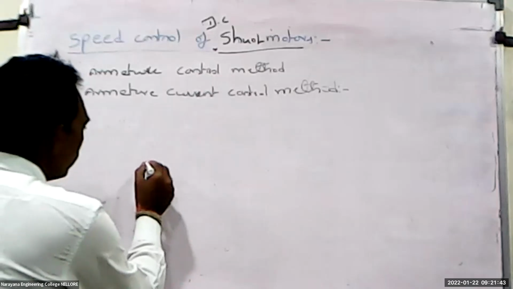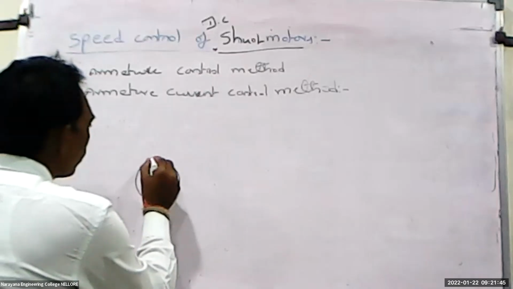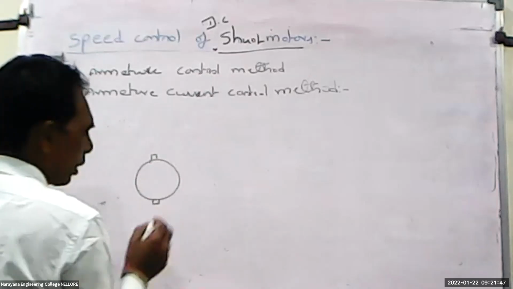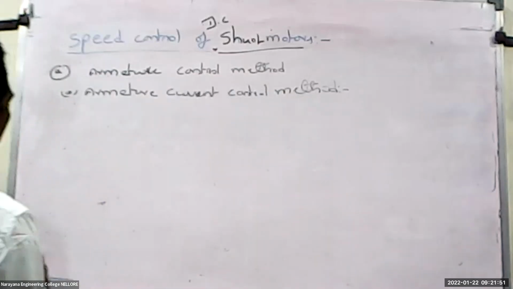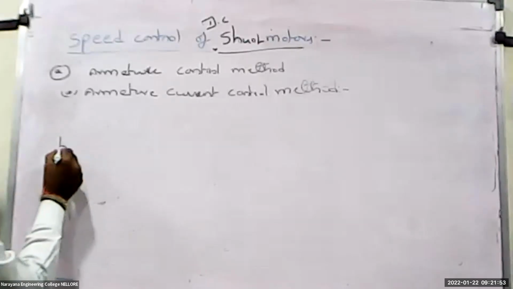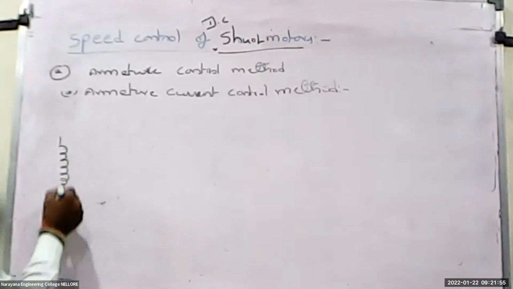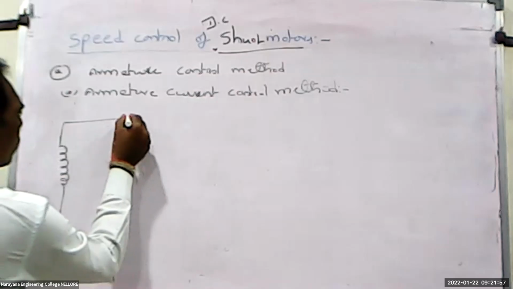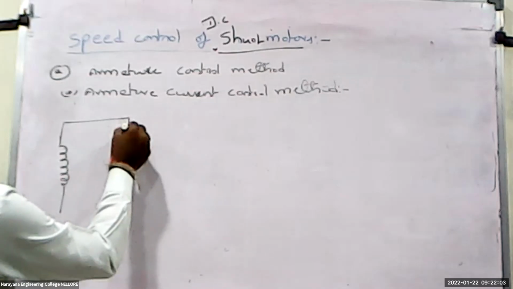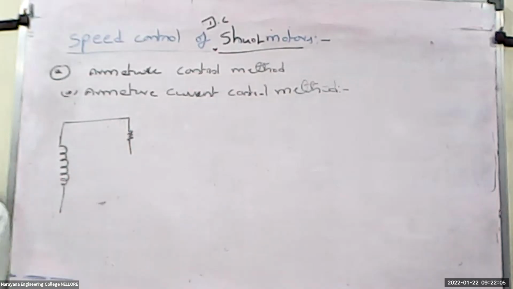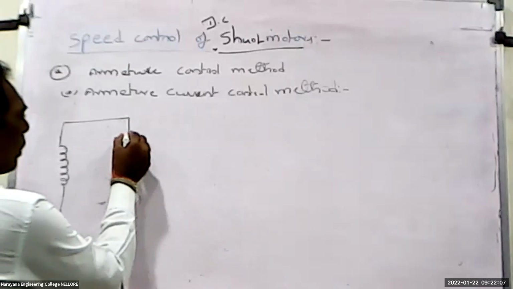So this is a shunt motor, so the field winding is connected. Armature current control means the current passing through the armature is controlled by connecting a rheostat.